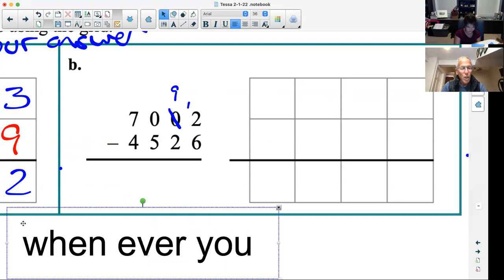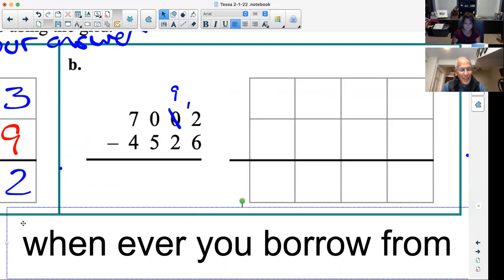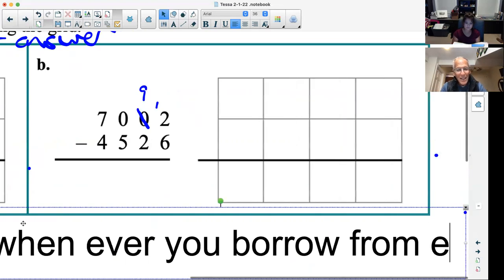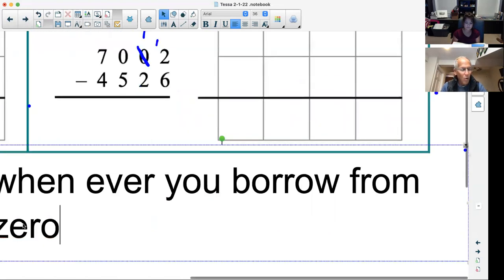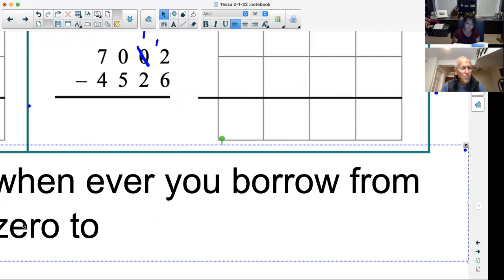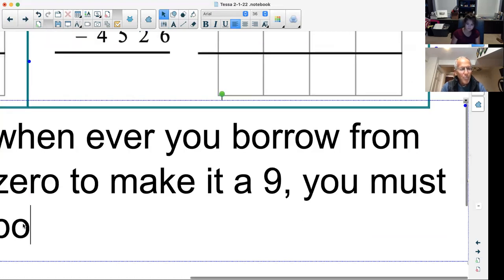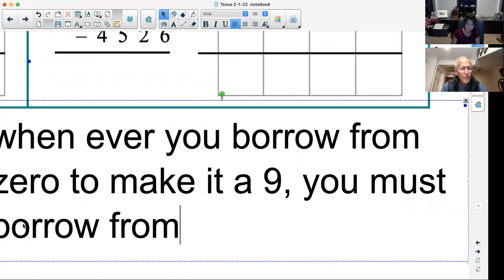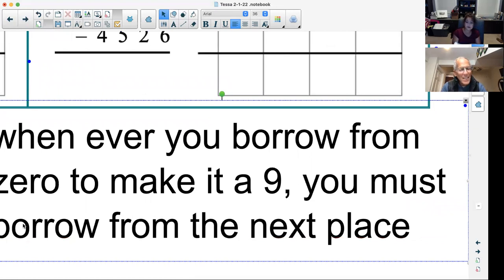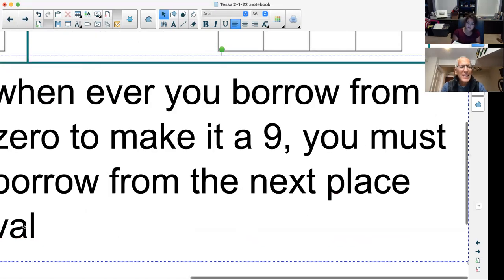Whenever you borrow from 0 to make it a 9, you must borrow from the next place value.